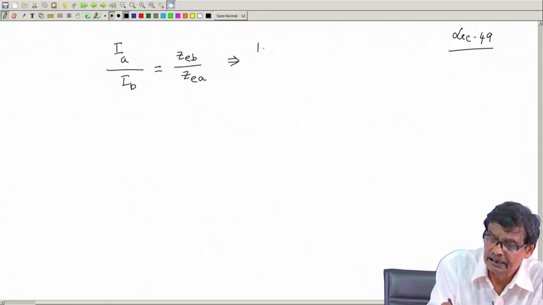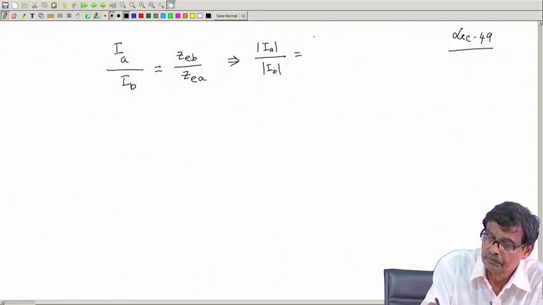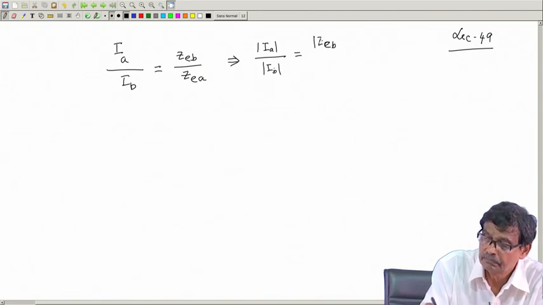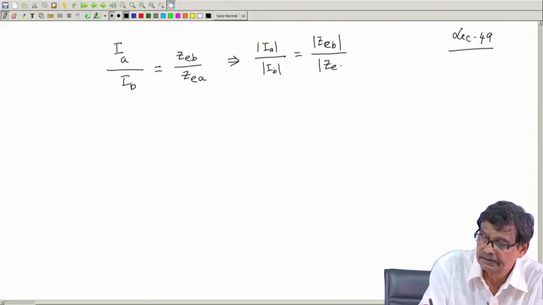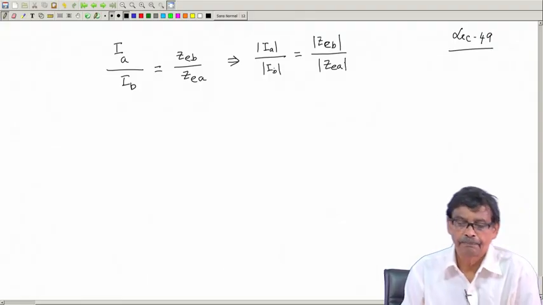This also means that the magnitude of IA is to the magnitude of IB equal to the magnitude of ZEB divided by the magnitude of ZEA. That is how it will be shared.